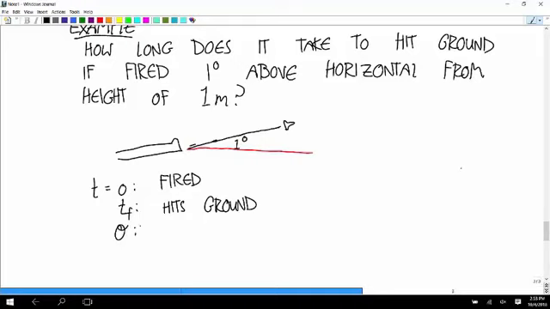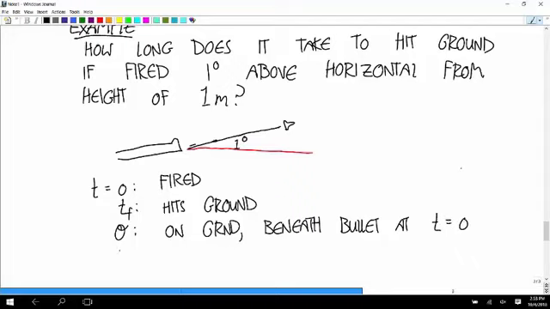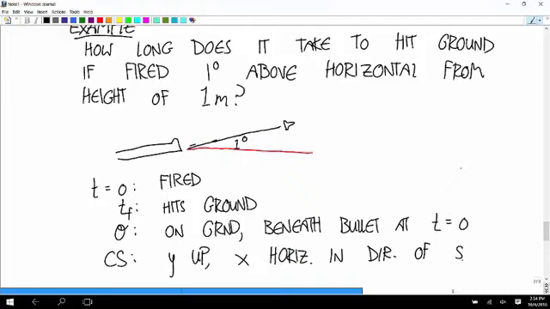Our origin location is on the ground, right beneath the bullet at time equals 0. And the coordinate system is the y-axis up, x horizontal in the direction of the shot. That's all just like I did before.